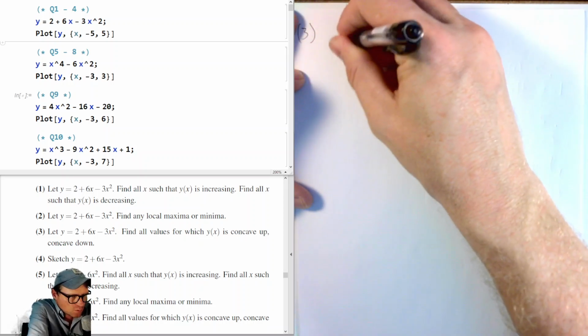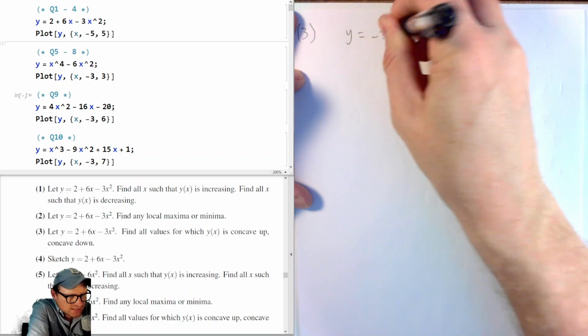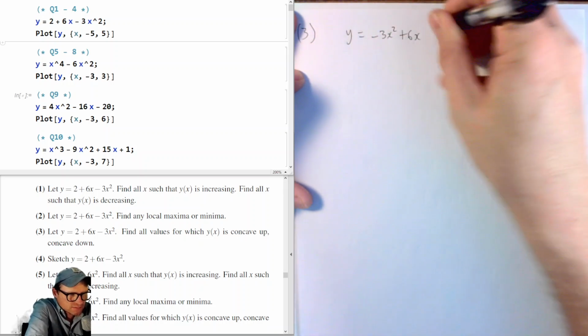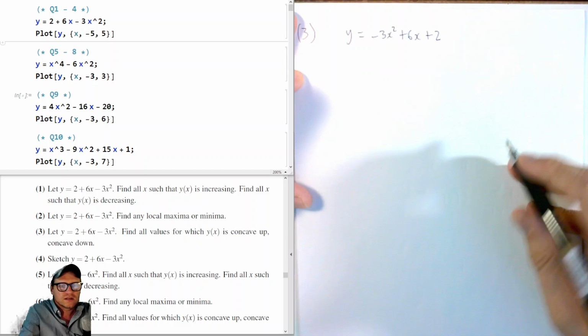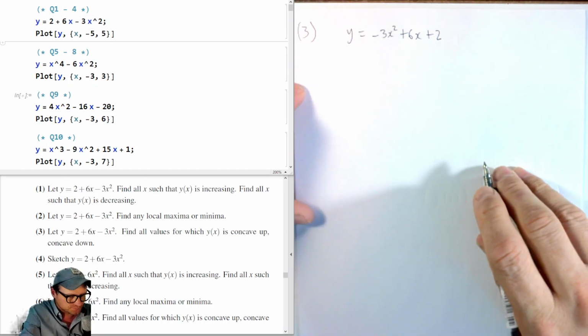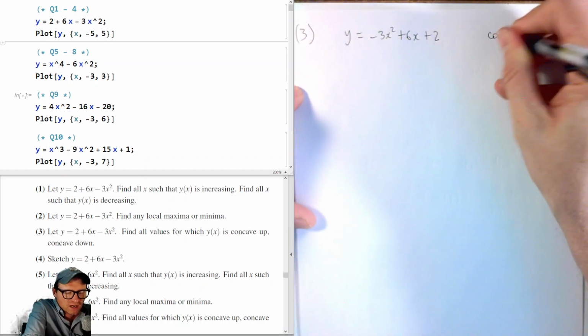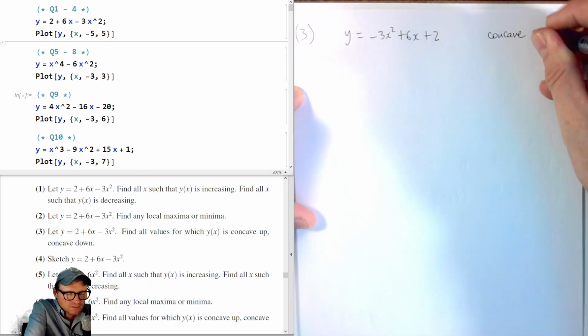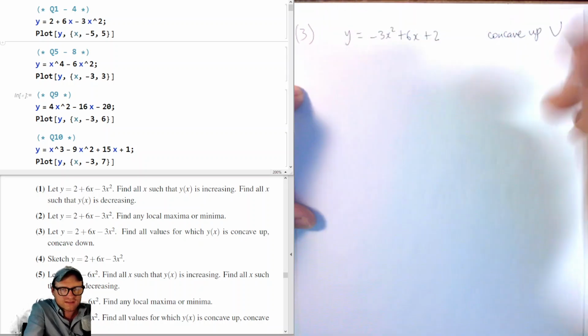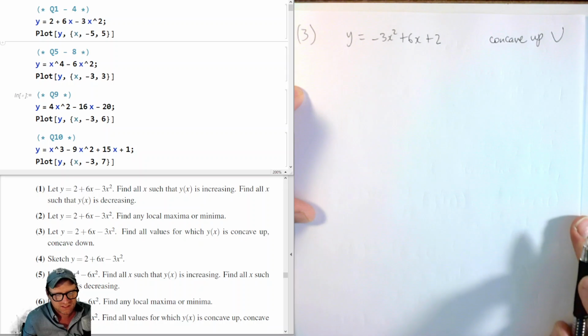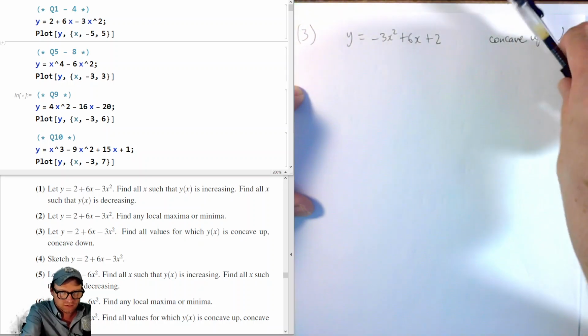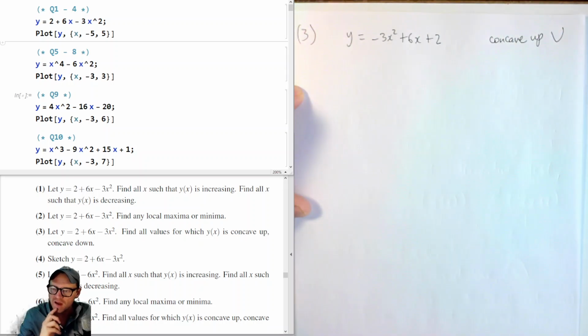Okay, so y equals minus 3x squared plus 6x plus 2. Now to do this question, so concave up, I think it looks like this, right? I think that's concave up, so curving this way. But I'm not sure, so you might need to look this up.